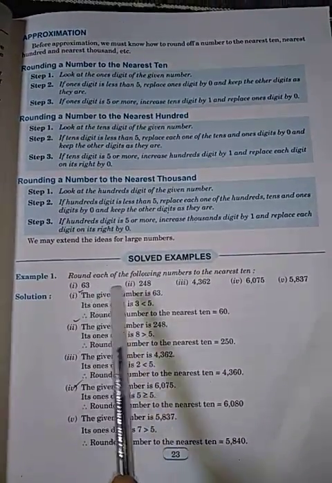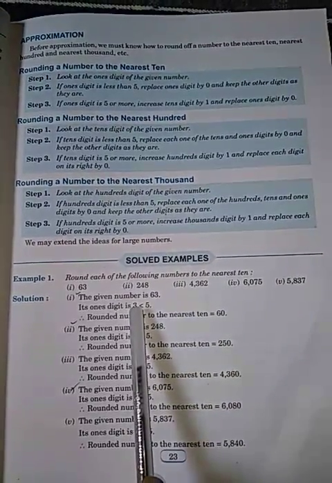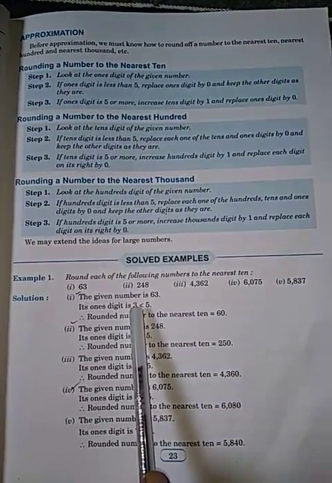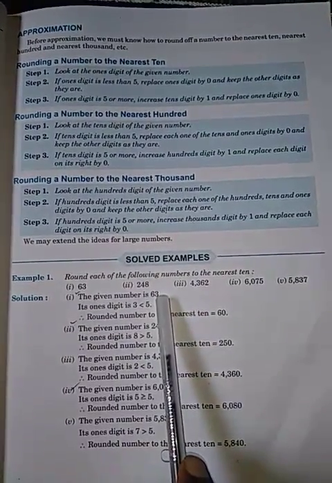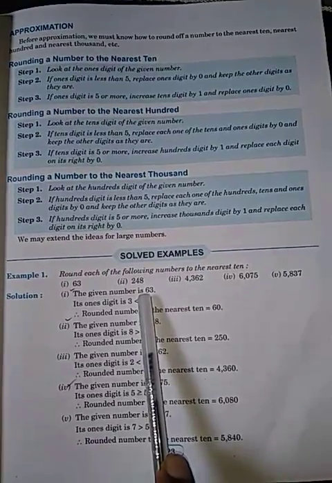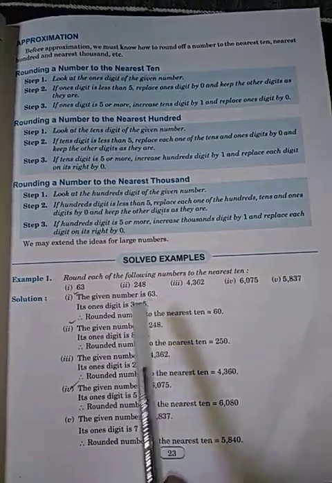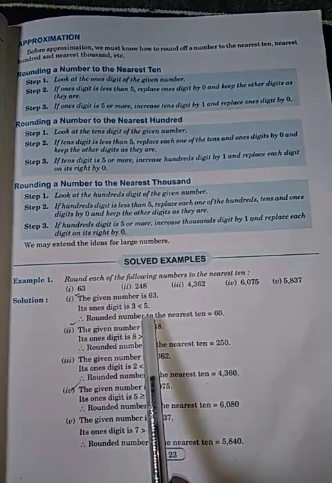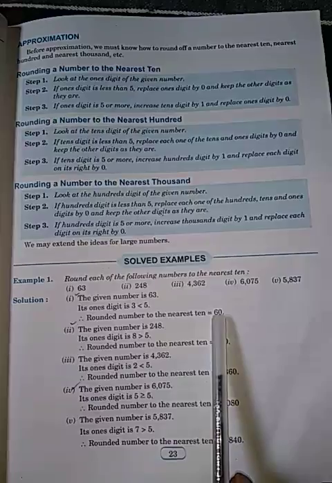In 63, the unit place digit is 3, which is less than 5. So replace the unit place digit 3 by 0 and keep the tens place digit 6 as it is. So when it is rounded off to the nearest 10, it becomes 60.